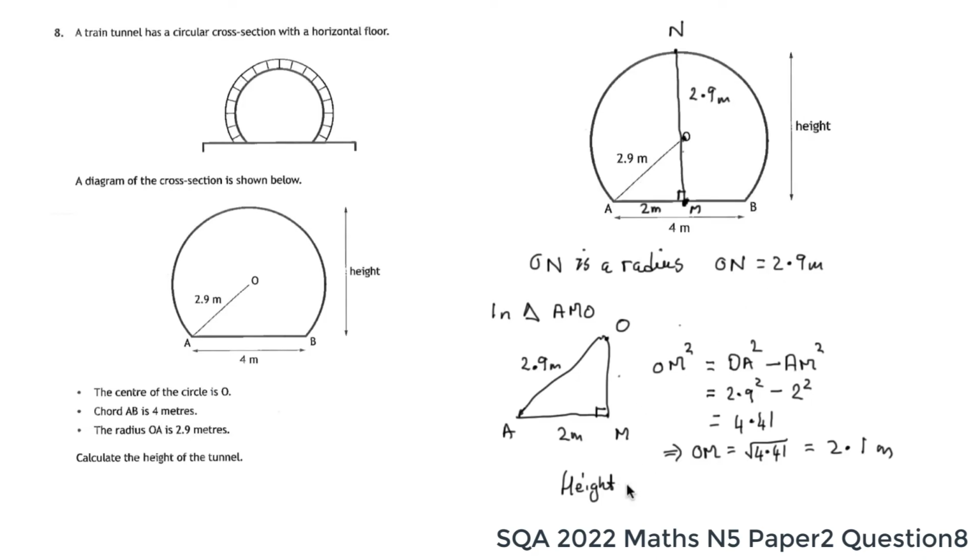The height of the tunnel, that's just the length of OM plus the length of ON. So that's our 2.1 plus that radius length of 2.9, that comes to 5 meters. So that's the height of the tunnel, 5 meters.